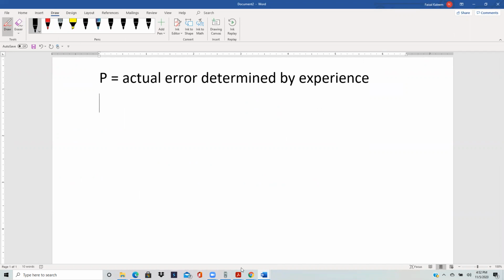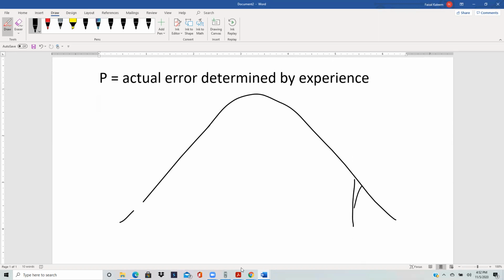All right. Let's say this is our normal curve, and alpha will be some area in the right tail. So let's say this is alpha.